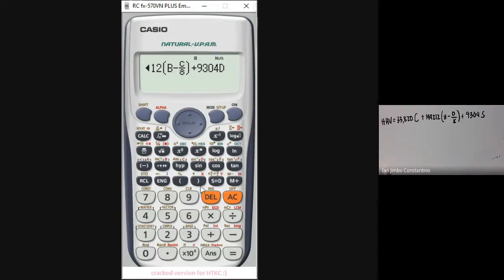Always, you will not use X and Y, okay? The 6 letters could be the variables where you can input the values. So, what will you do next? You will press calculate, the calculate function of your calculator.